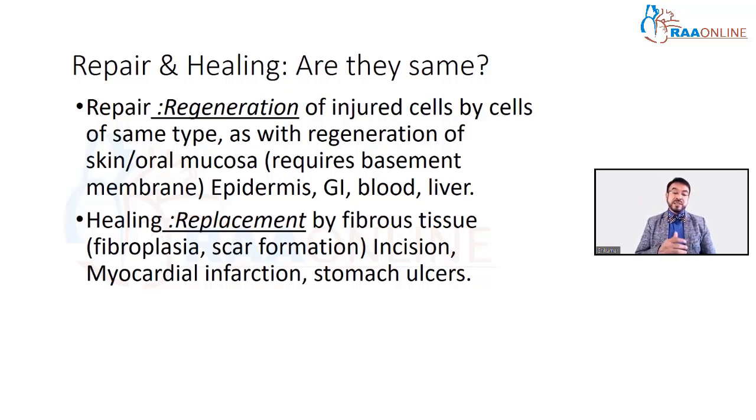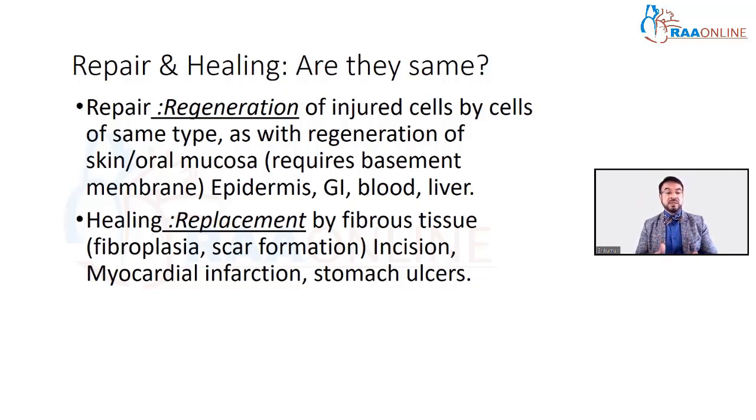The second aspect, healing, is replacement by fibrous tissue, which means the cells die, but I do not have fresh cells to replace them. I replace it with a scar. So in repair, I have a problem with the car. The engine is cracking, breaking. So I replace it with another component of the engine.